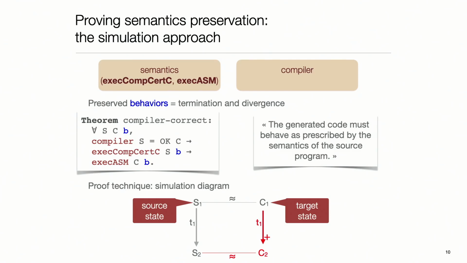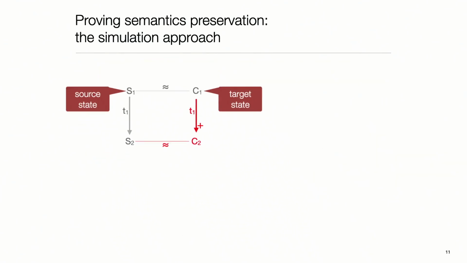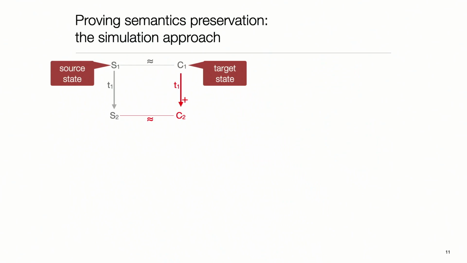And moreover, in both executions on the source and target side, the trace of external events is exactly the same. These simulation diagrams are compositional, meaning that we can chain them together to describe the full execution of a program. For instance, here, in the case where a program terminates.